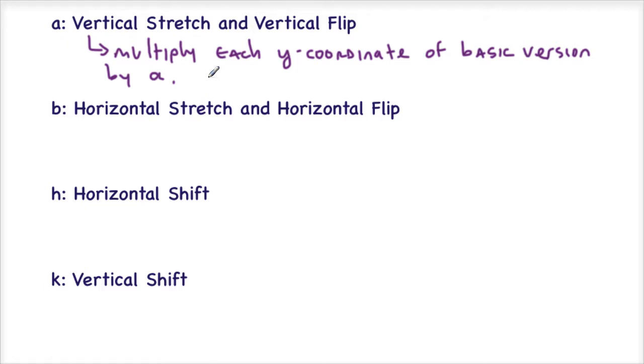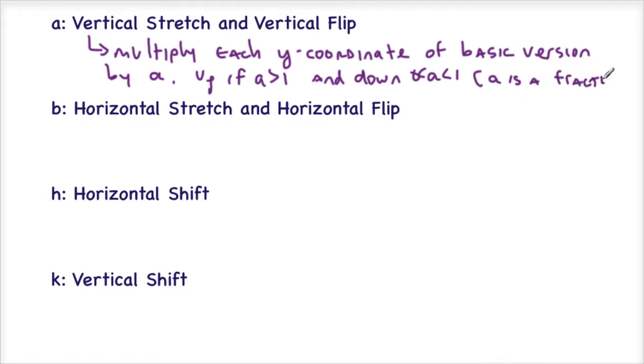And I know that it's going to be stretched up if A is greater than 1, and it's going to be stretched down if A is between 0 and 1. So in other words, if A is a fraction.